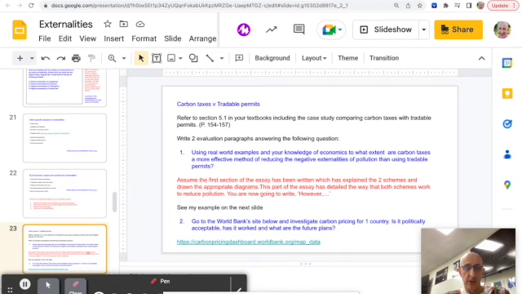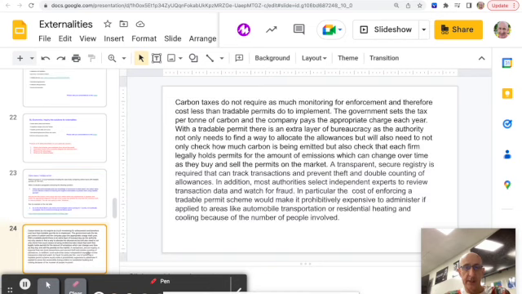There are a couple of slides that I've got here that look at the difference between carbon taxes and tradable permits, a slightly different approach to looking at pollution. Carbon tax is where obviously you pay a tax on the amount of pollution that you have. Tradable permits is a reference to the fact that companies are issued and can buy permits to pollute, and the incentive is not to have to buy them and therefore to cut their level of pollution.